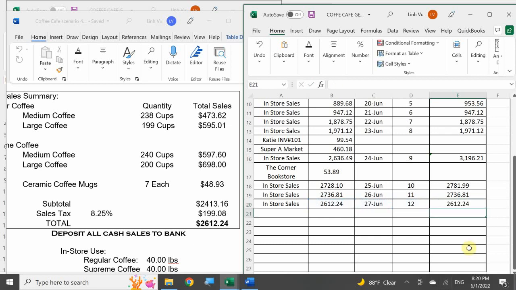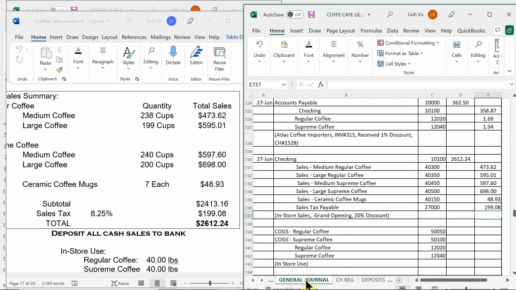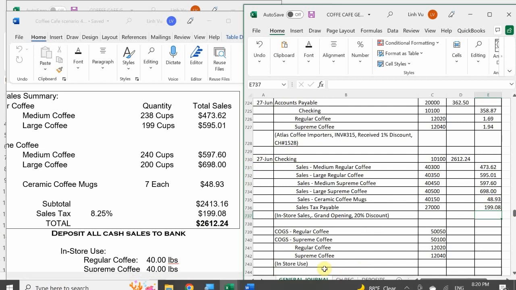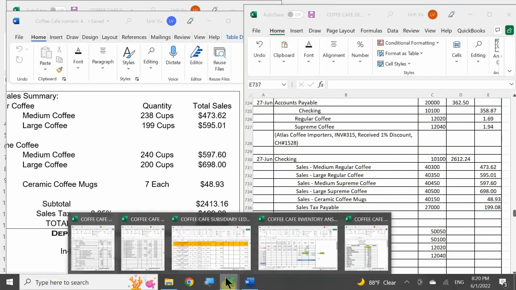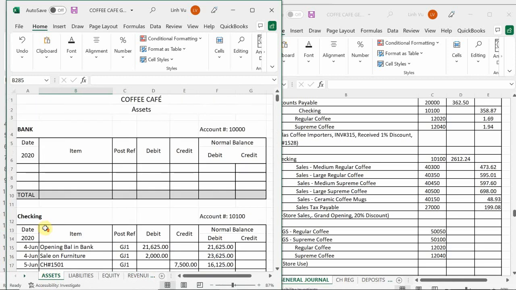So that means that's surely going to reflect in my checking account. Now that I finished my journal, I'm going to update my ledgers, starting with my checking account here.